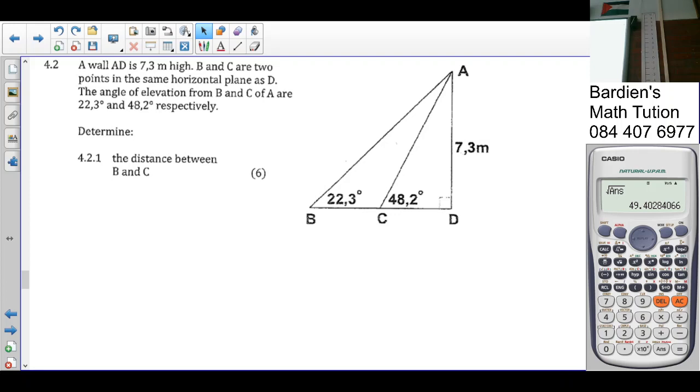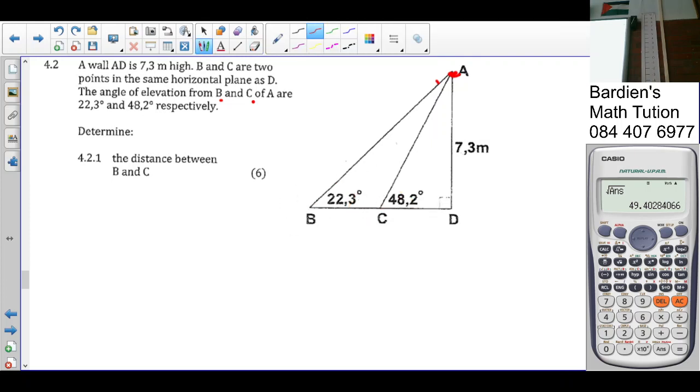B and C are 2 points in the same horizontal plane, so we assume that's the ground, as D. The angle of elevation from B and C of A are 23 and 48,2 respectively. So it means to say in that order. The question says determine the distance between B and C.